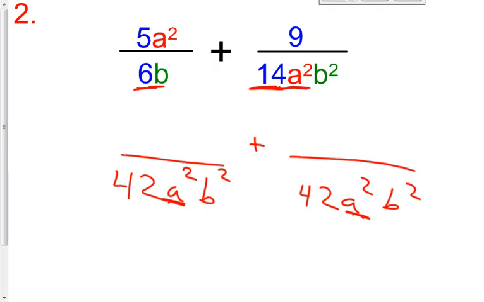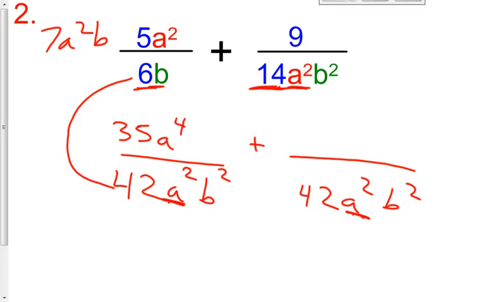Now, what did you have to multiply this by to get down to here? You had to multiply it by 7, a to the second, and b to the first. So if you do that to the bottom, you have to do that to the top. So we get 35a to the fourth b plus, what did we multiply this by to get down to here?